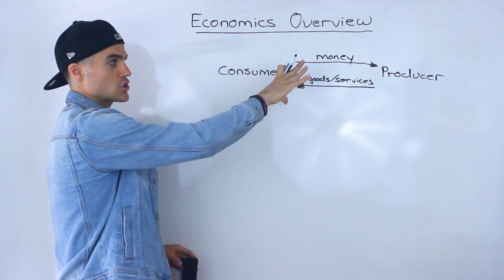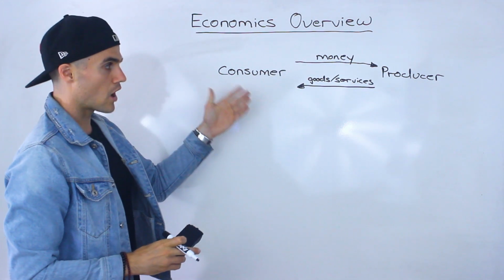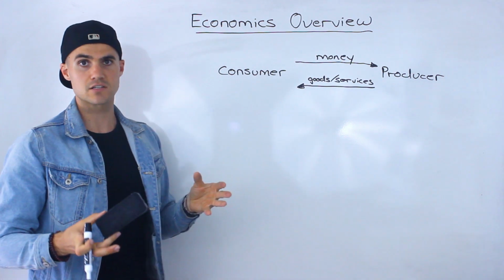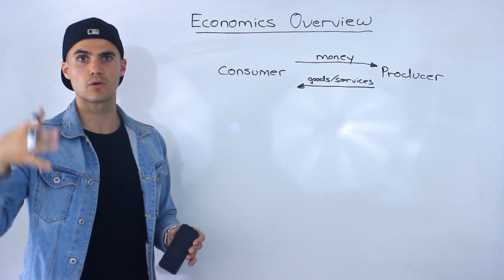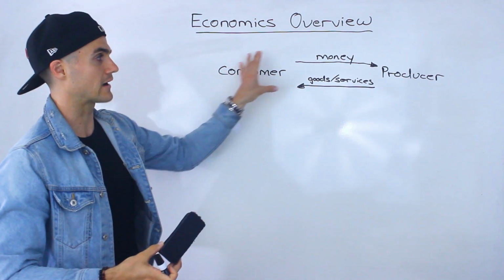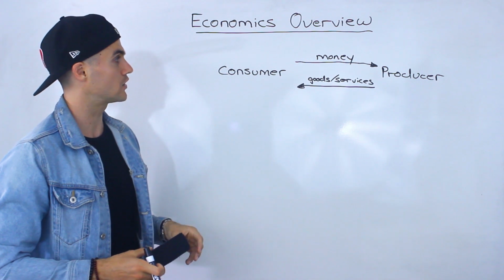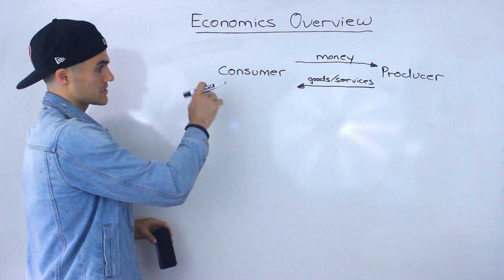Now, this relationship, or this transaction, if you will, is the raw building blocks of what economics is all about. Even when we're dealing with more advanced concepts, I'm going to be continually bringing back this relationship. A couple of things I want to mention about this.